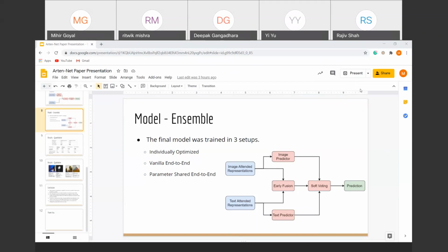Should I give an example maybe? Yes. Sure. So let's assume that we have two classes, and the image predictor says that the first class has a probability of 0.8 as the true class, and the early fusion one says that it has just a probability of, let's say, 0.2, and the text one says 0.6.